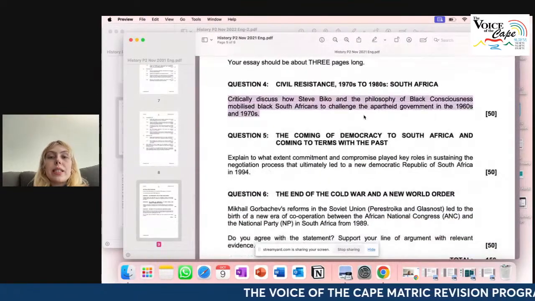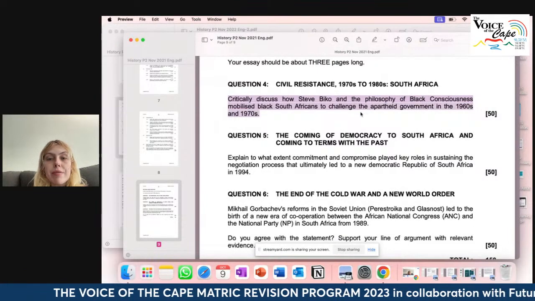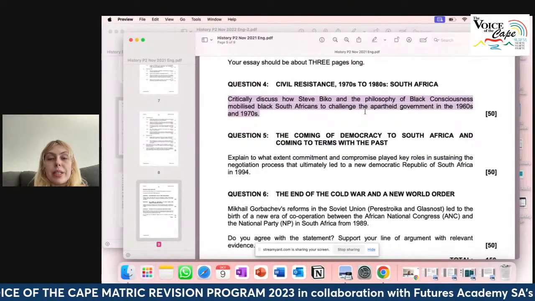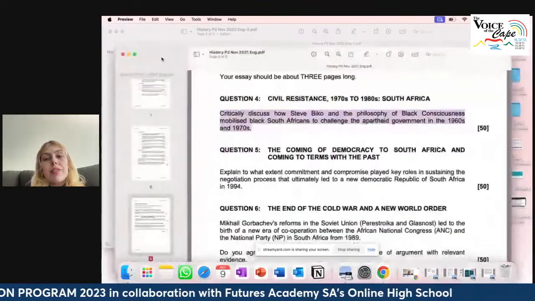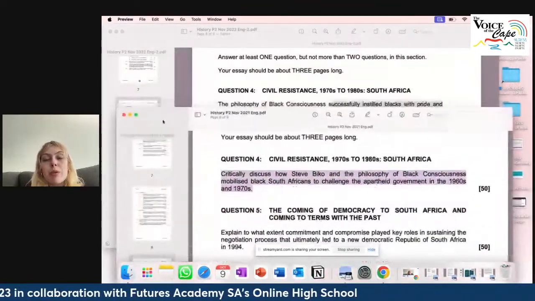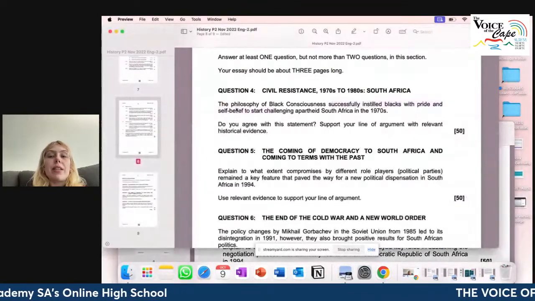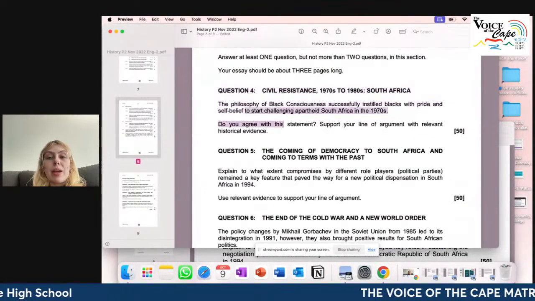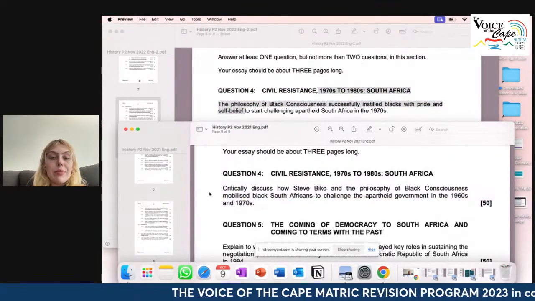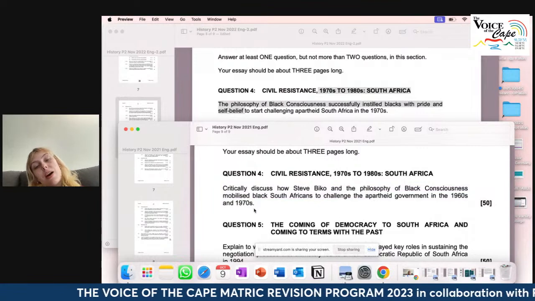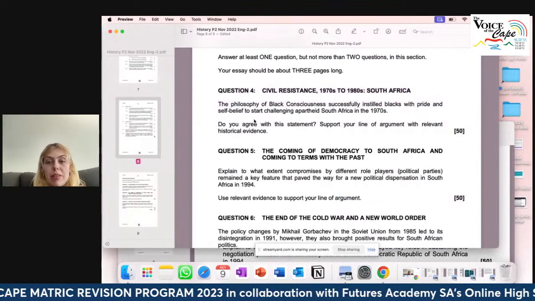Critically discuss how Steve Biko and the philosophy of Black consciousness mobilized Black South Africans to challenge the apartheid government in the 1960s and 70s. They're talking about the same thing, but they want you to focus on different things. In this case, you will have to give instances of how it mobilized them, how it actually drove them to action, whereas the other is more about pride and self-belief.